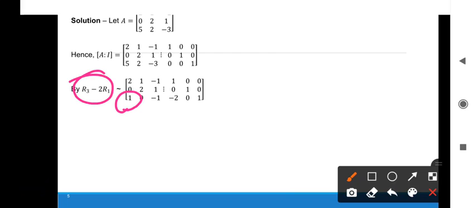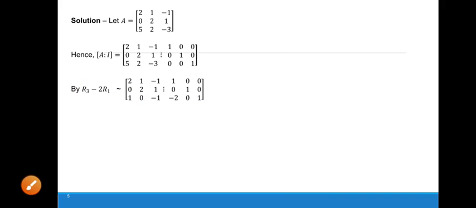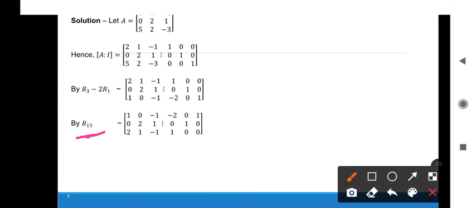Now if we change first and third row of this latest matrix, then we can get first row first column element as 1. So by interchange of first and third row, we can get here first row first column element as 1. Now using this 1, we have to make second and third row element 0.